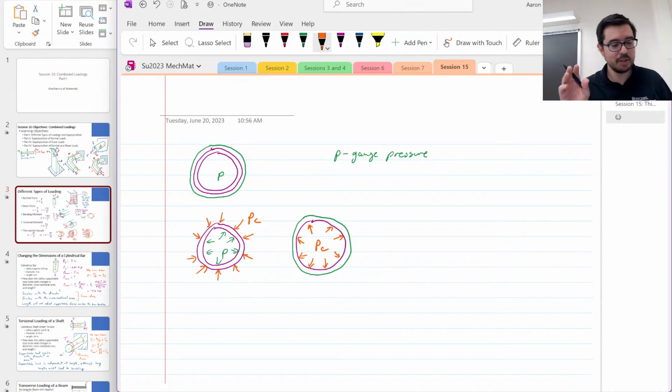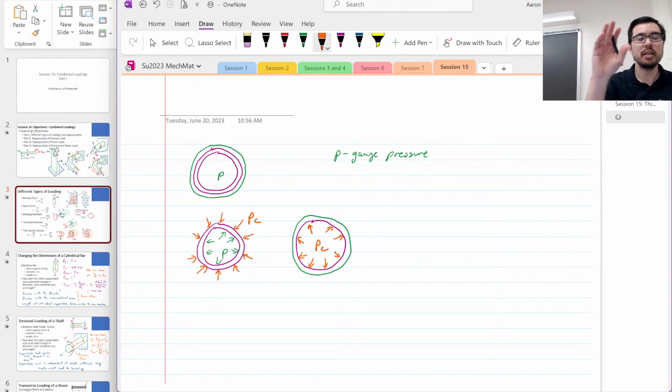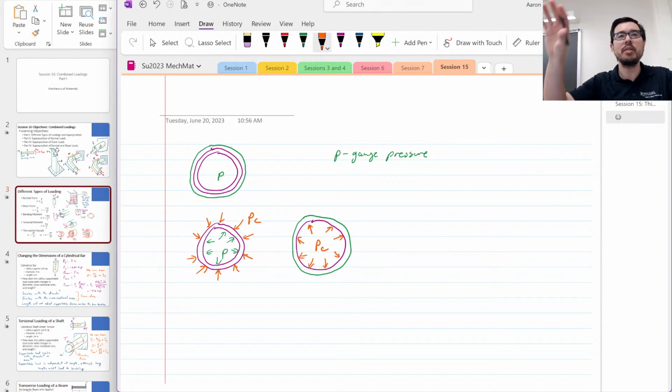So let's do this. You're absolutely right. We're going to link the hoop, or circumferential, behavior to each other. And so this picture that we have is perfectly appropriate.